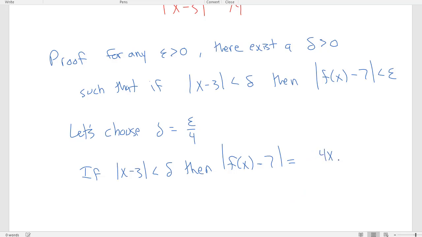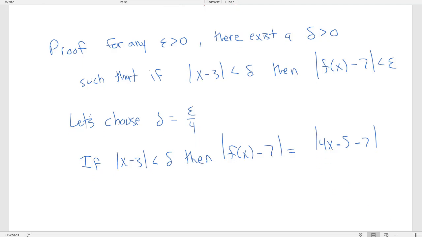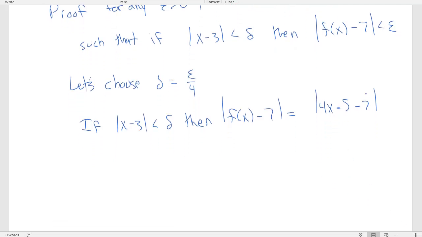Excuse me, my function is 4x minus 5, and we're going to say 4x minus 5 is a distance of 7. And then we're going to simplify this expression here. I'm going to say 4x minus 12, and then we're going to factor the 4 out.